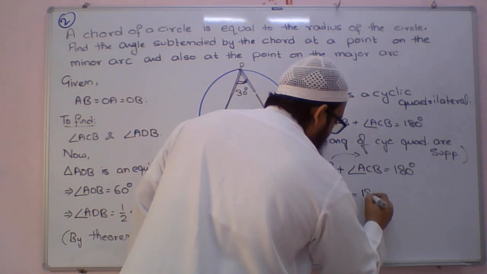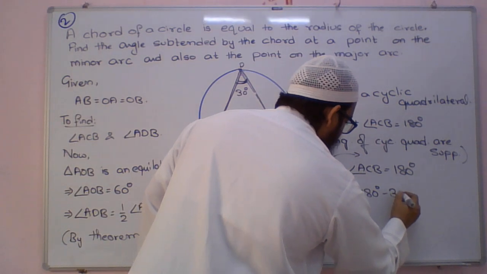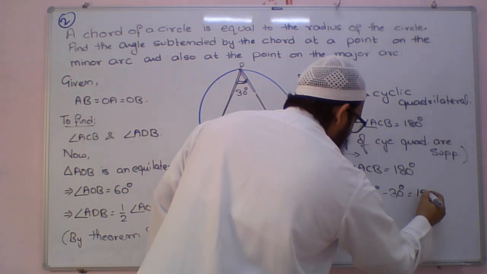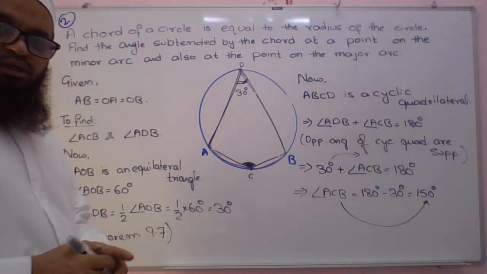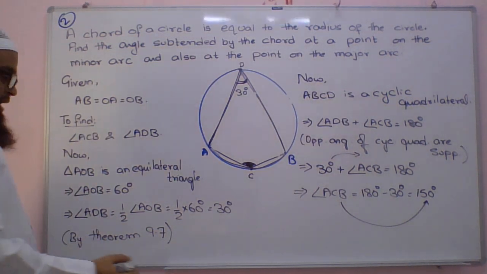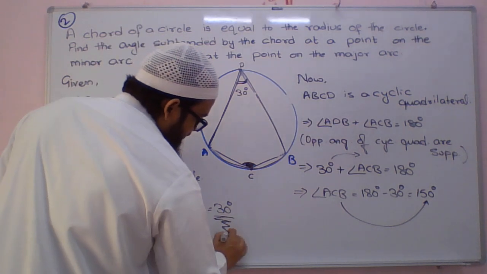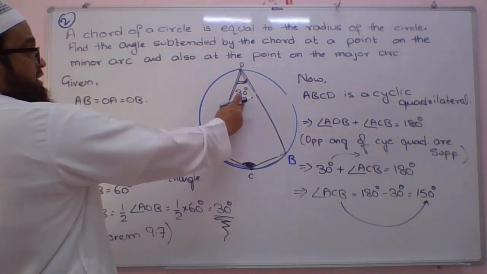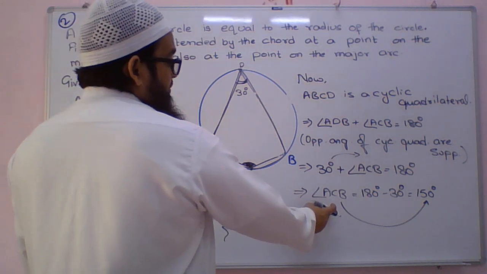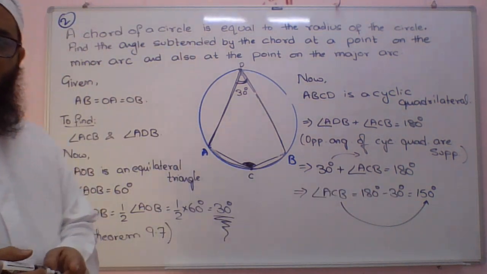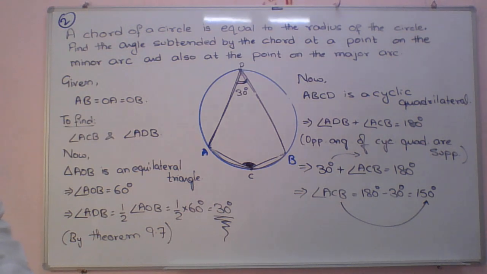What happens? 180 degrees minus 30 degrees, that is equal to 150 degrees. Got it, my dear students? So the angle made at any other point on the major arc is 30 degrees, and the angle made at the minor arc is 150 degrees. So I hope you understood this.